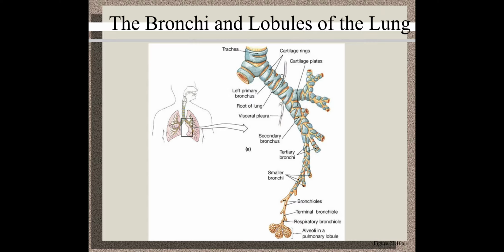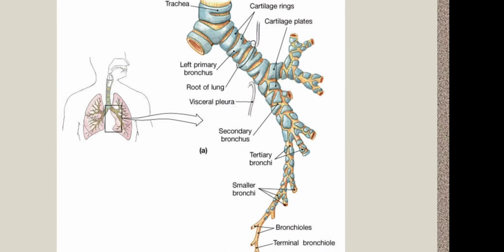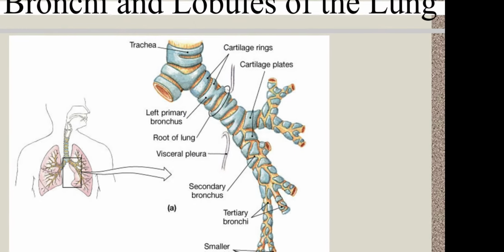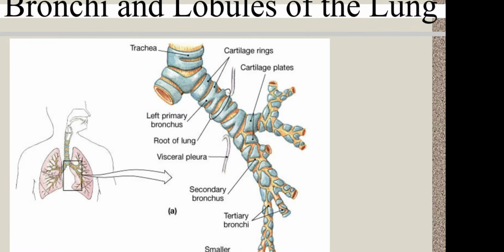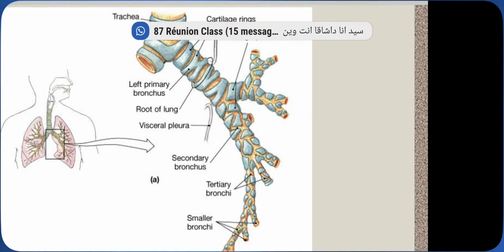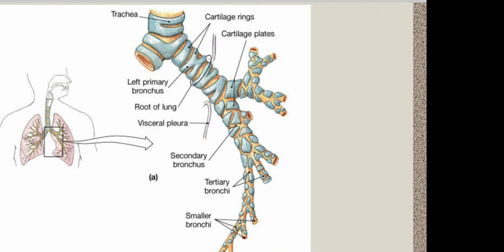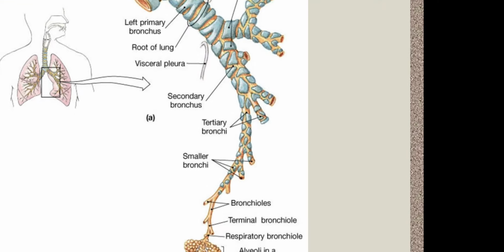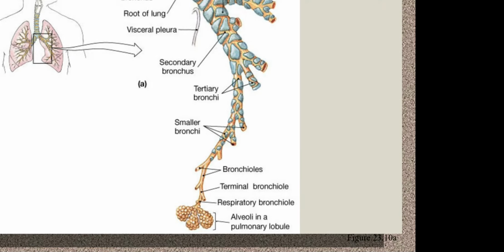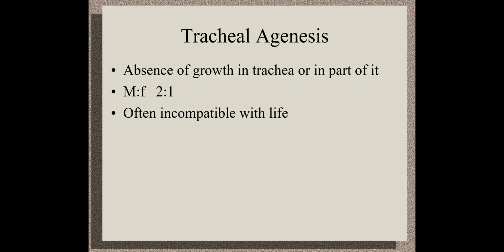Regarding the bronchi and lobules of the lung, we have trachea and right and left main bronchus, and we have primary bronchus, secondary bronchus, tertiary bronchus, and smaller bronchioles till we reach the alveoli and pulmonary bronchioles.